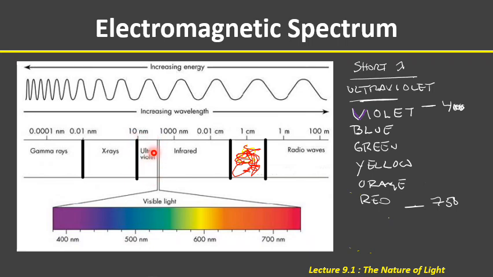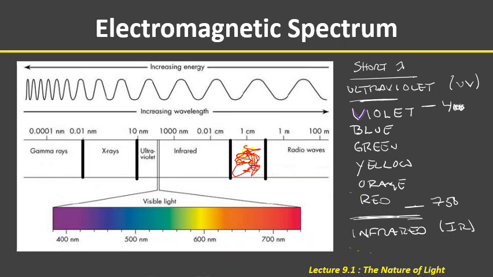It's right up next to the visible light, and it's right on the violet end of the spectrum, just beyond the violet. And similarly, at the long wavelength end of the visible, right past that is infrared, or IR. And of course, ultraviolet people usually write as UV. So UV and IR.